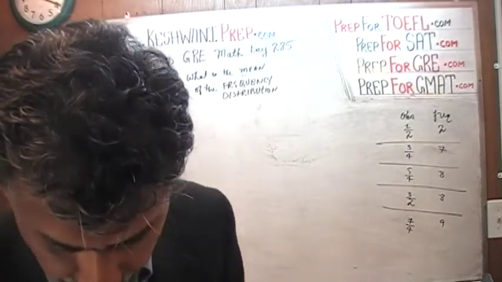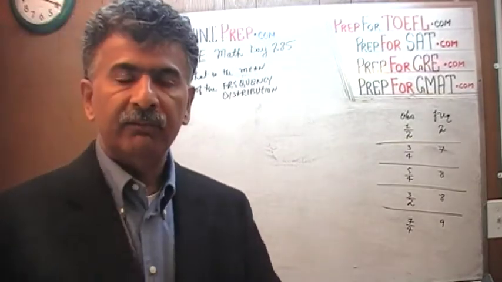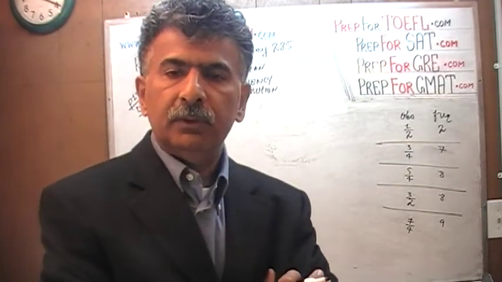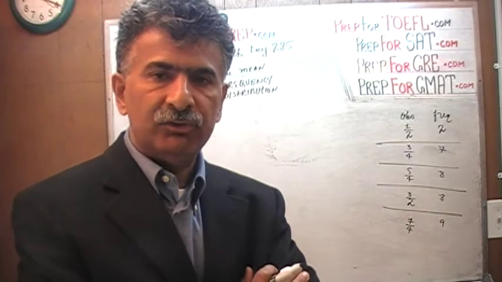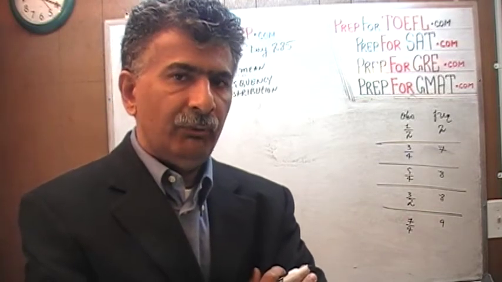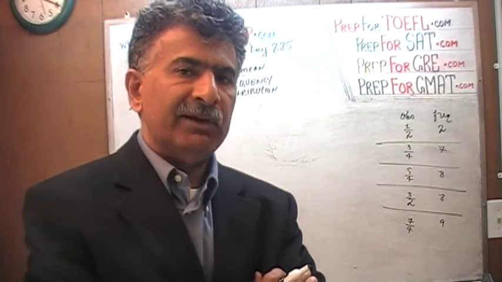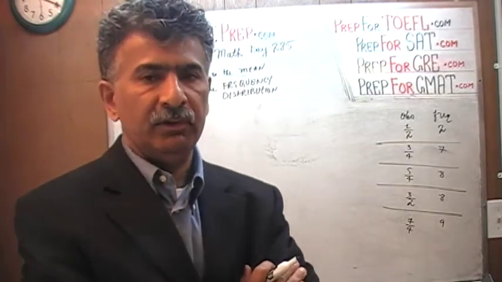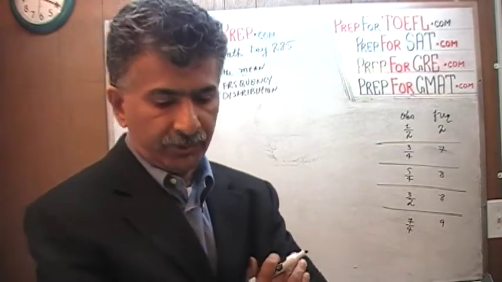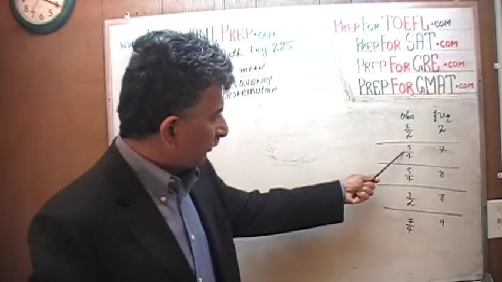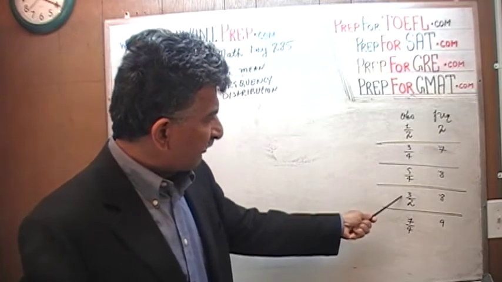Well, the very first thing we need to do here, to keep our life at a manageable level, is to make sure that we have all of these numbers with the same denominators. It's always a good idea to have a common denominator. It makes it easier to add and subtract. Here, we have a denominator of 4, but these are halves.